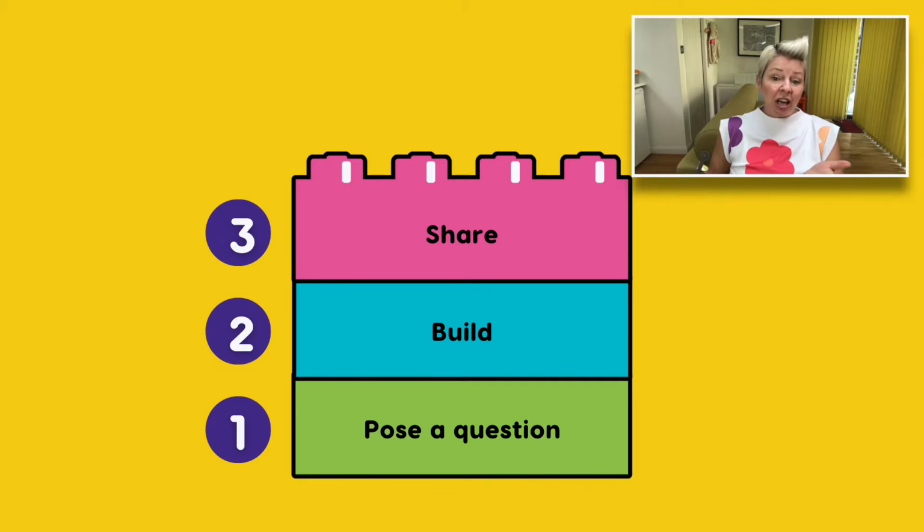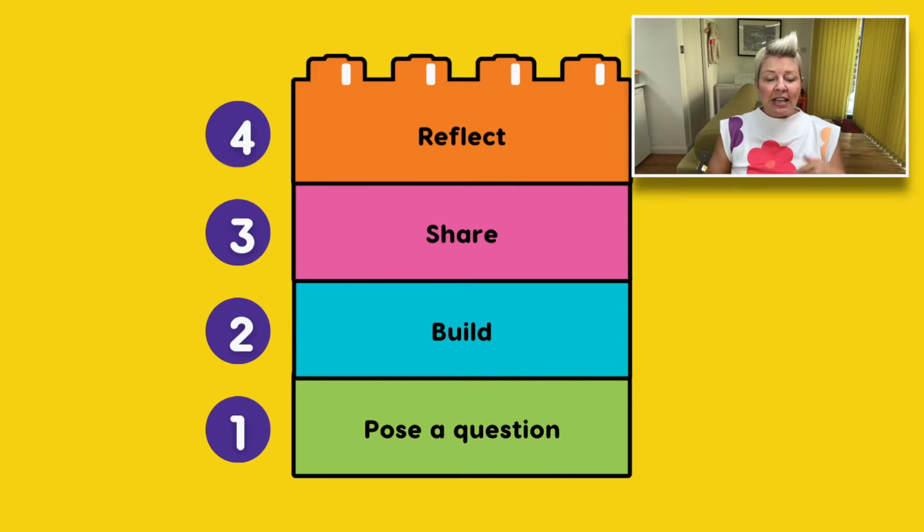When the individual is sharing their model, you can only talk about what's in the model. So you point to the model and talk about how the model represents the answer to the question. And then finally, you take some reflections on the activity that you just did and see what you noticed.